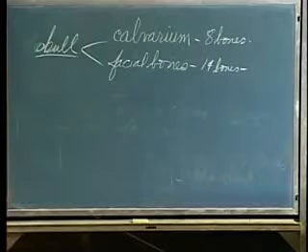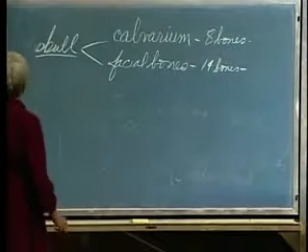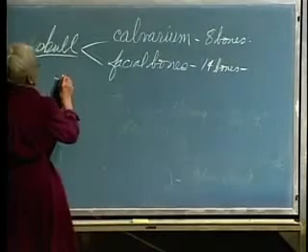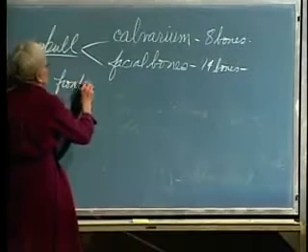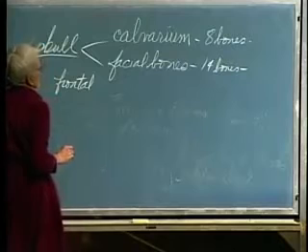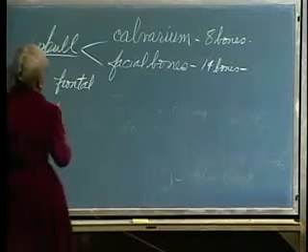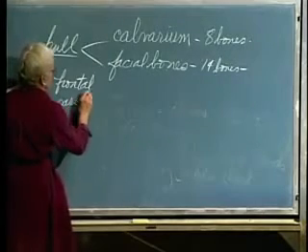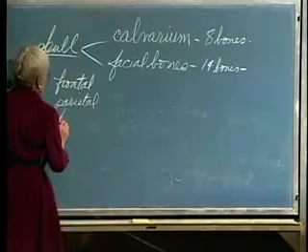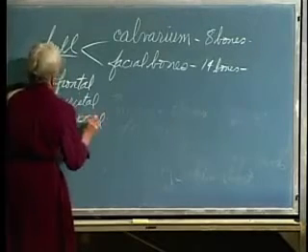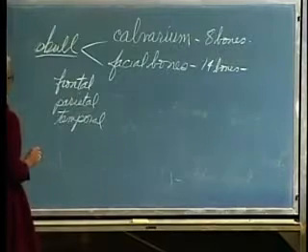So let's begin with the calvarium and start with the frontal. Maybe it's easier to name them and then describe each one of them. We have the frontal, we have the parietal, the temporal, what's the next one?